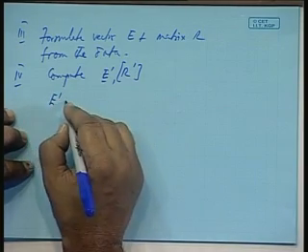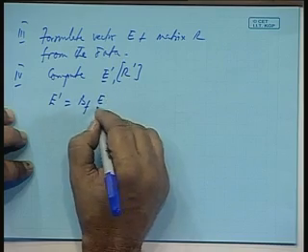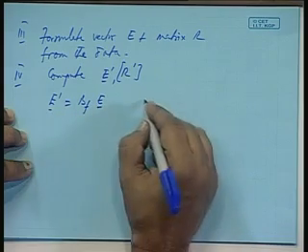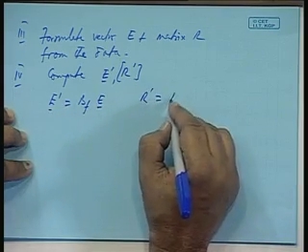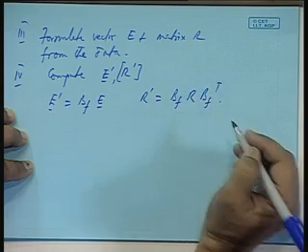E dashed is equal to BF E and R dashed equal to BF R BF transpose.